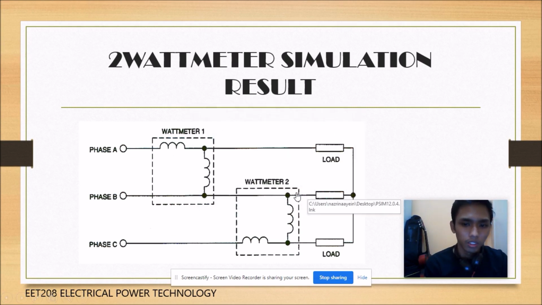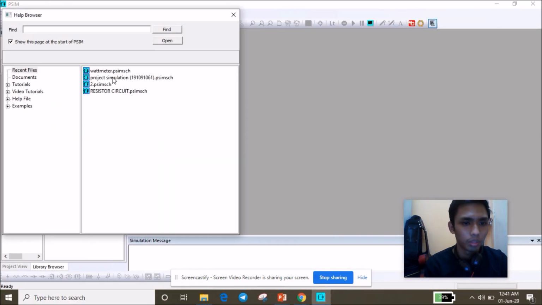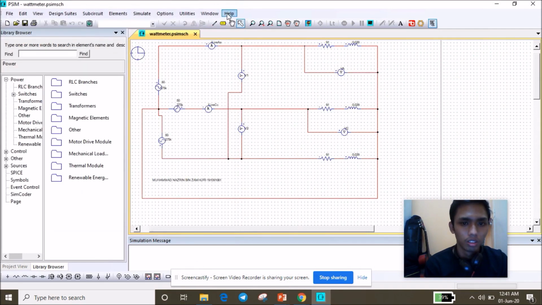Okay, I will show you the simulation of the 2 watt meter method. This is the example of the 2 watt meter method circuit. Okay, the circuit is the same as its previous circuit. Just change the value of voltage to 275 kilovolt, and then remove the value of transmission loss.